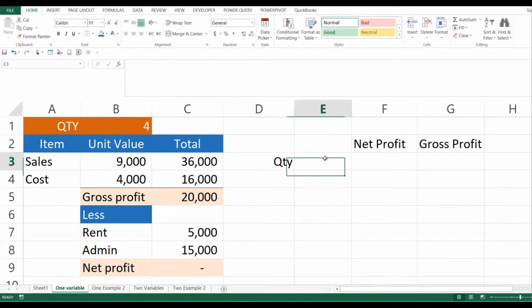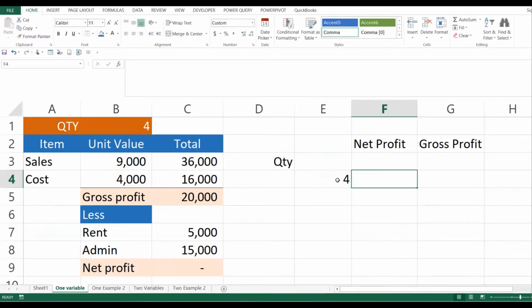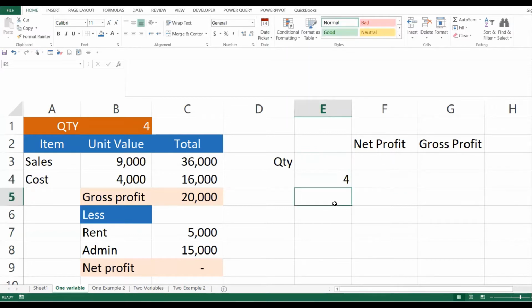So what I'm going to do, I'm going to say, if my quantity is 4, I want to know what my net profit is going to be. If my quantity is 5, what is my net profit? If my quantity is 6, what is my net profit?